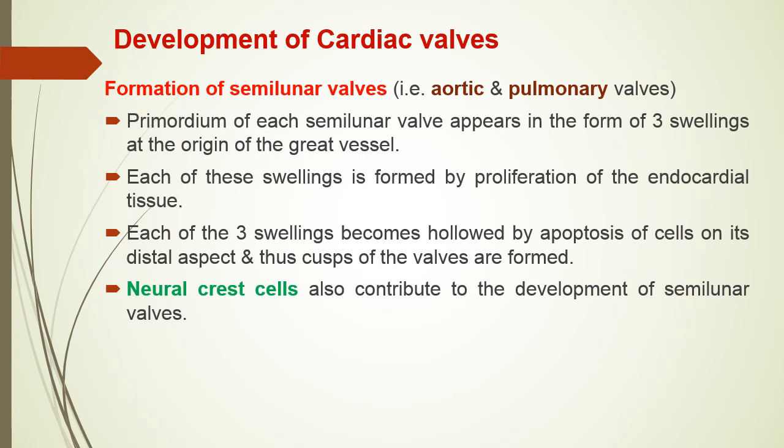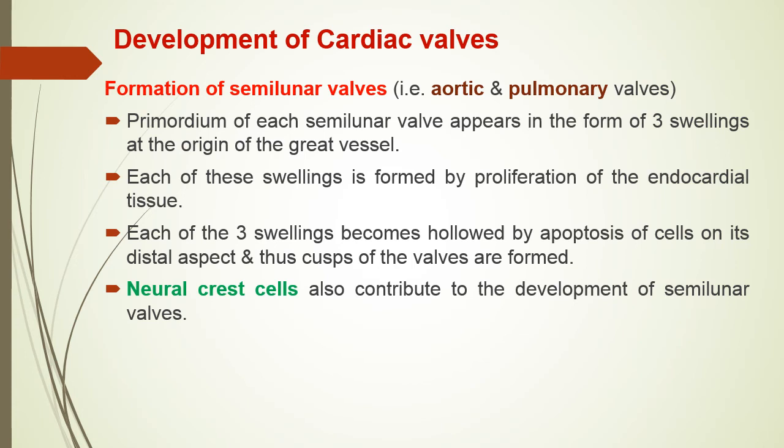The purpose of the valves is to ensure unidirectional flow of blood, so that blood can pass from the right ventricle into the pulmonary trunk but not back, and similarly from the left ventricle into the ascending aorta but not back. This valvular mechanism is ensured by the formation of valvular flaps, which are called cusps.